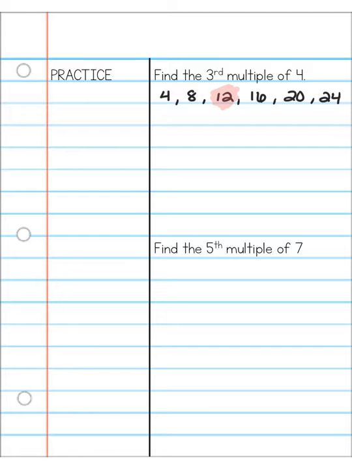Or I can do multiplication. I know that 4 times 1 is 4. 4 times 2 is 8. 4 times 3 is 12. So I know that 12 is the third multiple of 4.